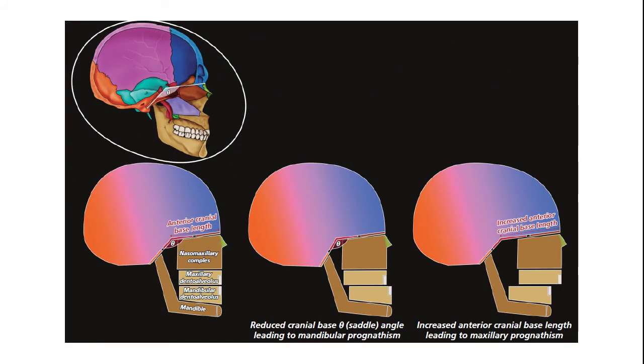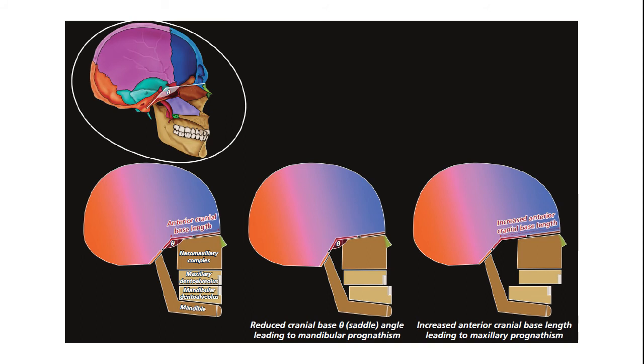Cranial base angle. The relationship of the anterior to the posterior cranial base is of particular importance in the diagnosis of the facial profile contour. This relationship depends on the extent of growth at the sphenoethmoidal and sphenooccipital synchondroses. The cranial base angle or saddle angle represents the orientation of the anterior cranial base relative to the posterior cranial base.